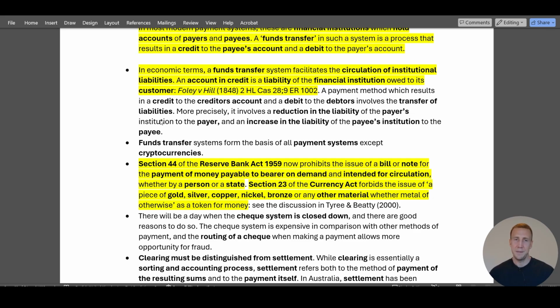As the funds leave the payer's account, there is less debt on the books of the banker for that given customer, because it's now been re-established and entered on the books at the payee's institution, that bank now has more of an obligation, more of a debt owed to that customer.